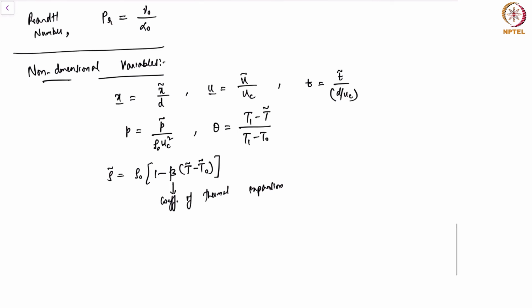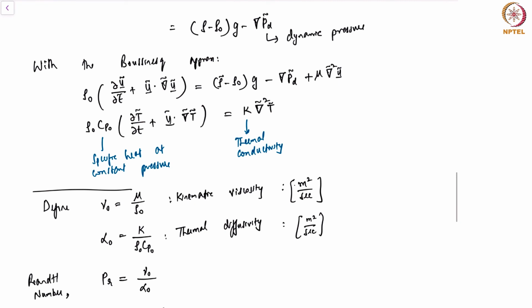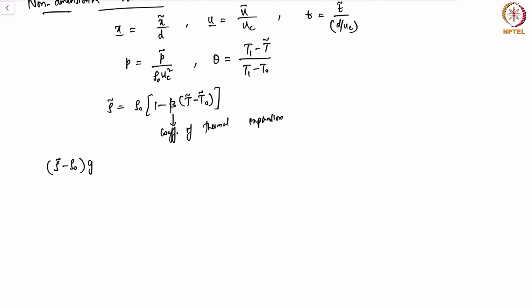Now you can straight away calculate from this. In the equation, what we have is this term rho minus rho naught times G. This should be rho tilde minus rho naught times G. This rho tilde minus rho naught essentially becomes minus beta rho naught into T minus T naught.